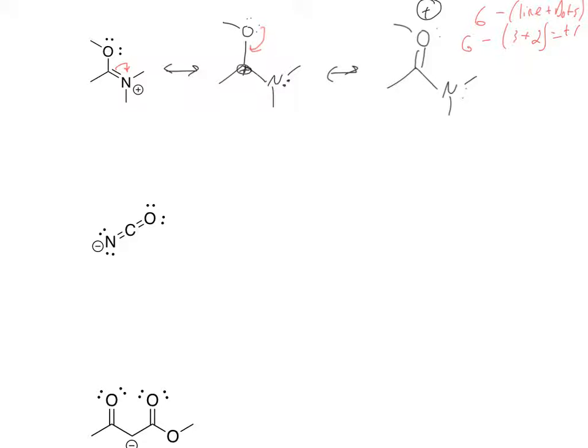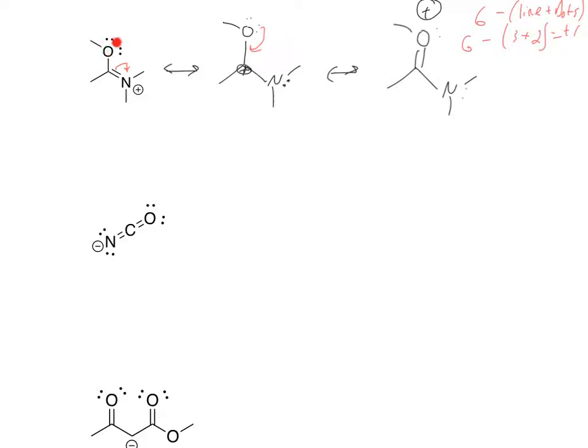Alright, now what we notice is we've got 3 resonance structures. We've got one on the left, middle, and right. And now what we want to do is rank them. And if you remember, the worst thing on a resonance structure is to violate the octet. And if you look at each of these, if we look at the oxygen, it's got its 2 electrons to this bond, 2 here, 2 here, 2 here.